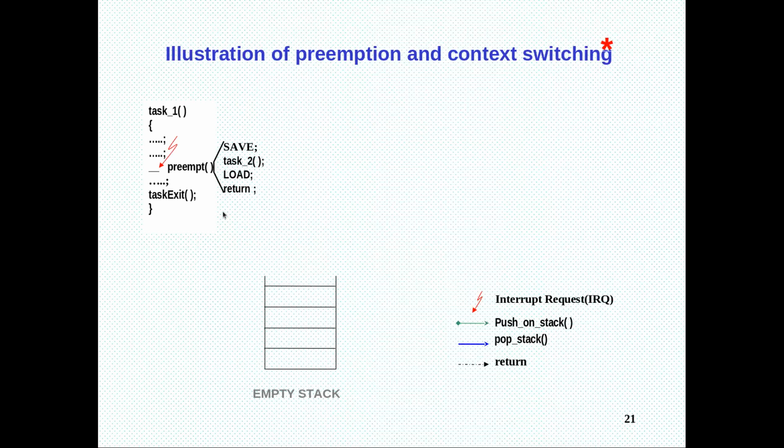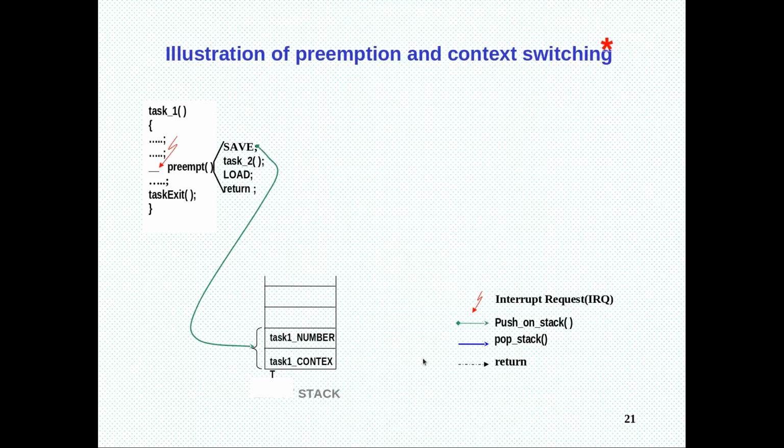So we have got task preempt, an illustration of preempt. When a preempt is invoked, if this is the running task, the context of the task is saved, like it will be going into the stack like this. So on invoking a preempt, it invokes a save. That means task 1's context is saved in here.